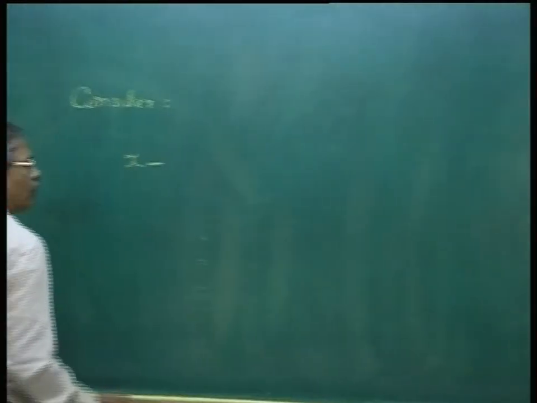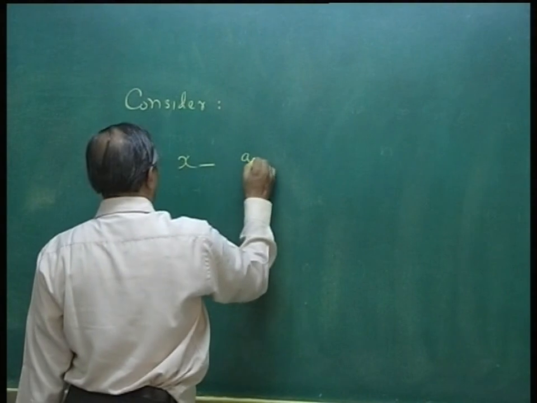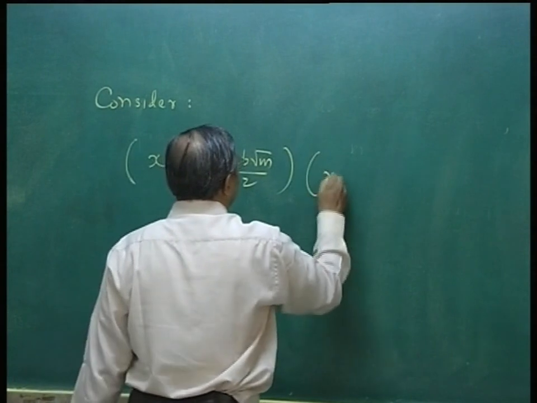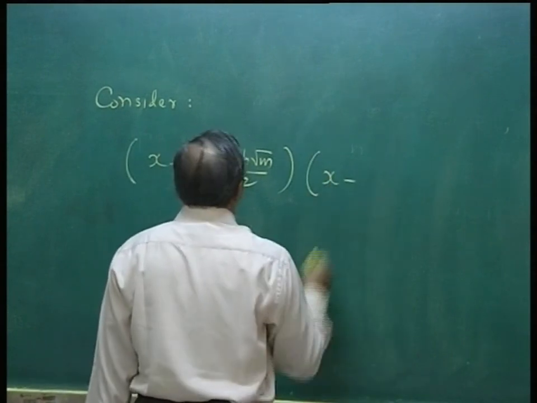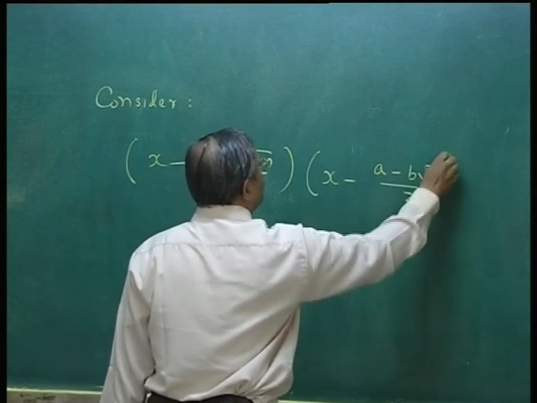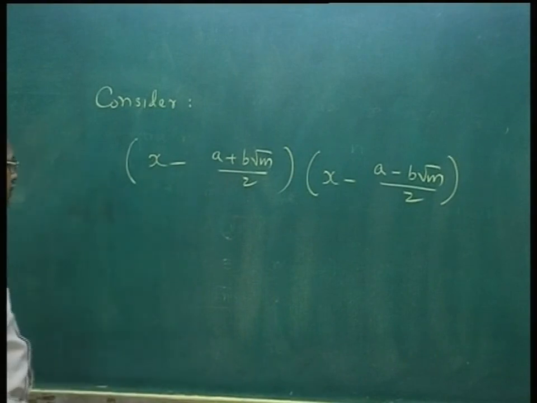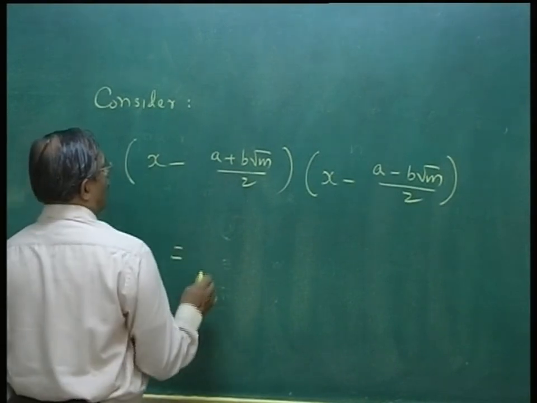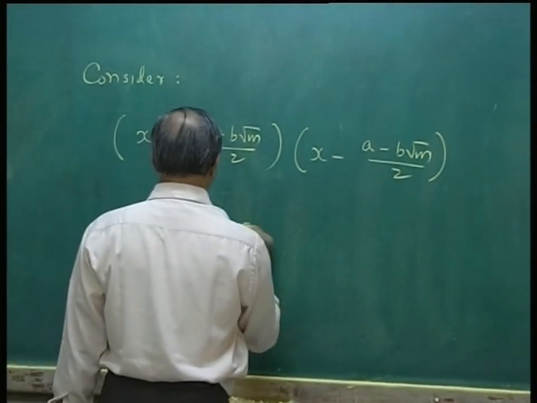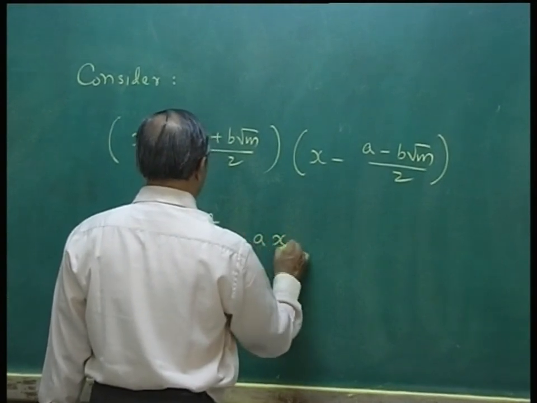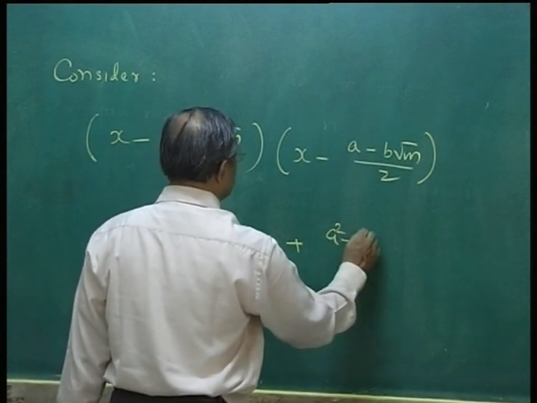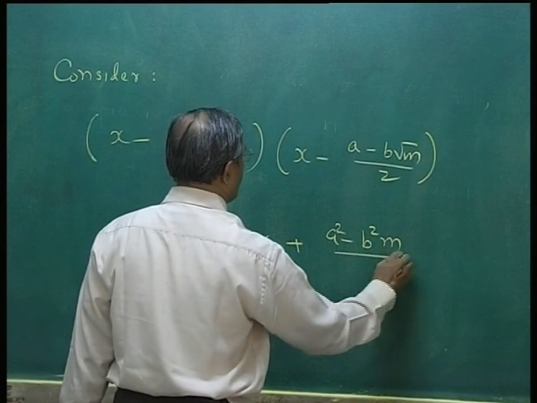X minus a plus b root m by 2, into x minus a minus b root m by 2. Consider this, which is x square minus ax plus a square minus b square m divided by 4.